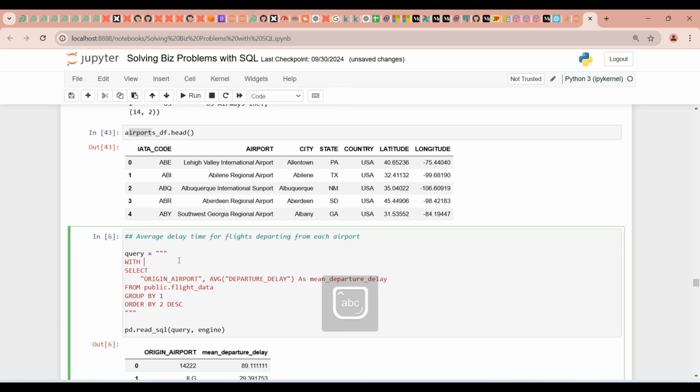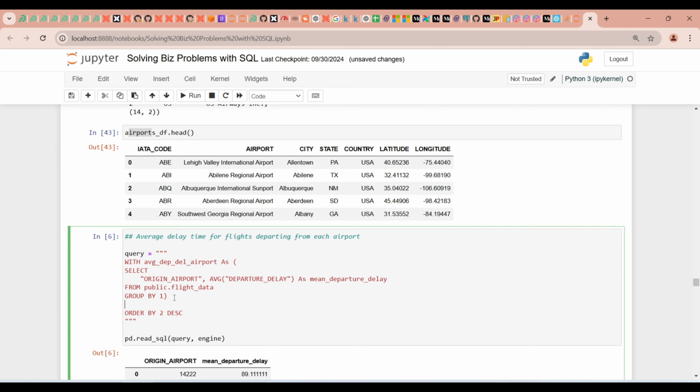With, what should I call it now? Average departure delay for airport, as this. I don't need to sort it yet. Then you now join.